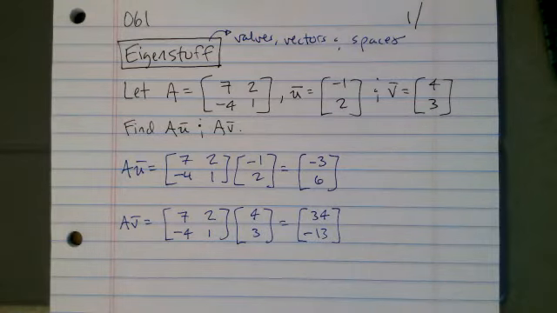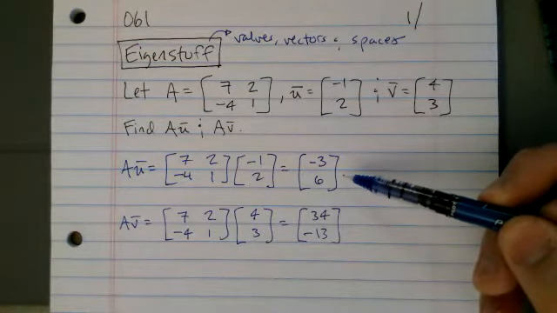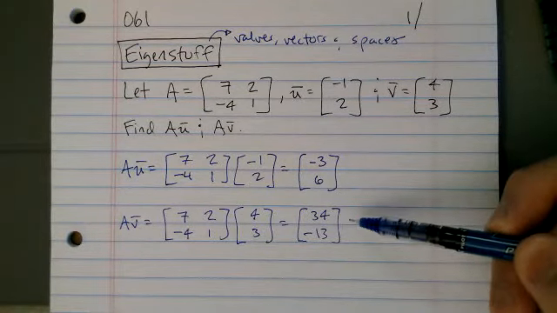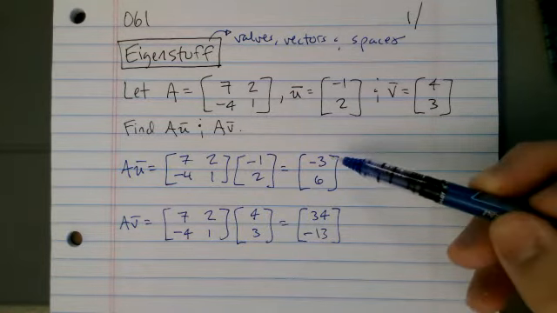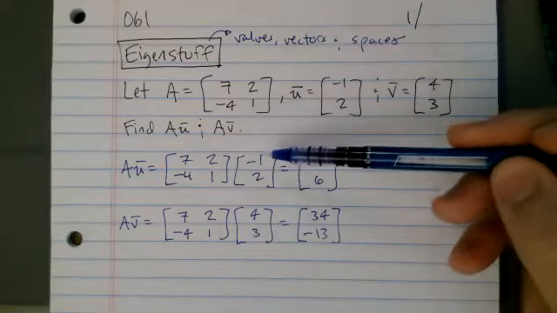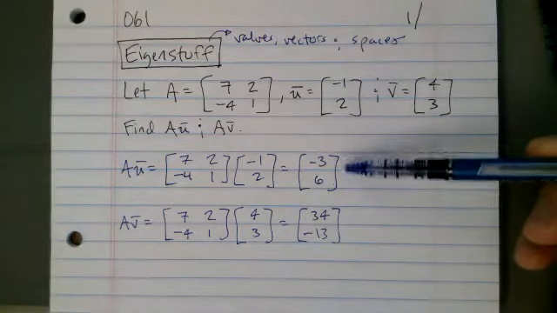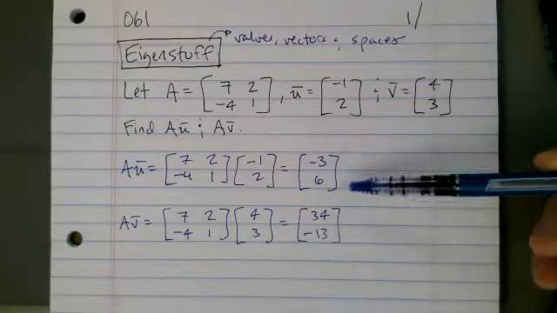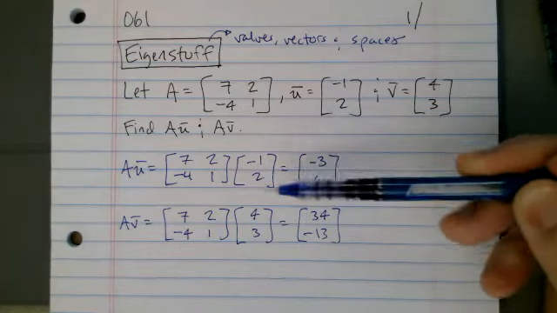So in the first example, in AU, something interesting happened that did not happen in AV. What happened in AU, the thing that we want to notice here, is that we multiplied matrix A by the vector -1, 2, and we ended up with -3, 6. And what's interesting about -3, 6 related to what we started with?